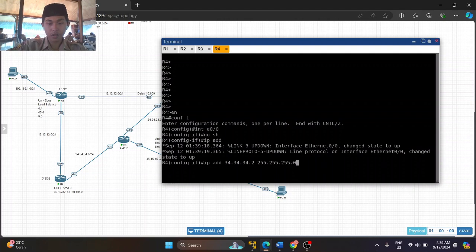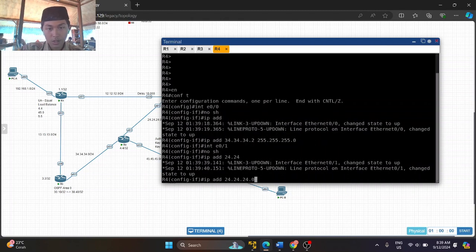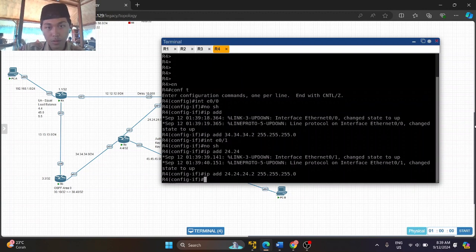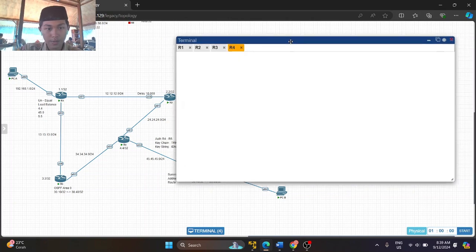Alhamdulillah, it's not lagging anymore. Interface E0/1, no shutdown, IP address 24, that is the link connected to router 2, as you can see it, 24, and then 34, that was router 3.